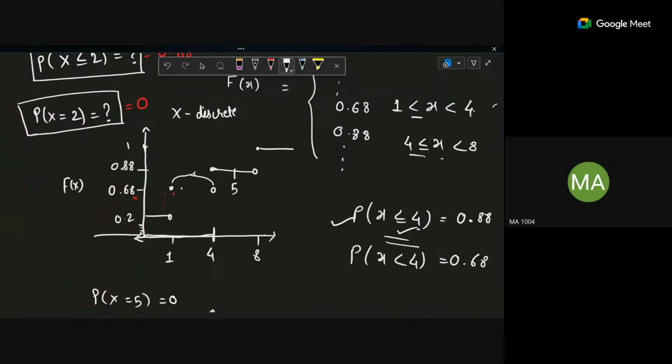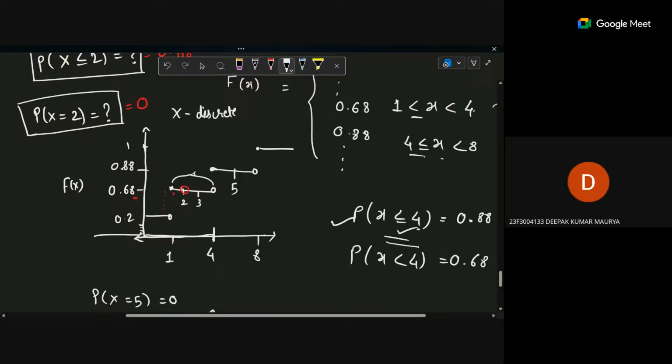So what was your question? If it is at the middle at 0, I did not get your question. Can you please repeat? Ma'am, I'm saying that in between 1 to 4, probability is 0, right?